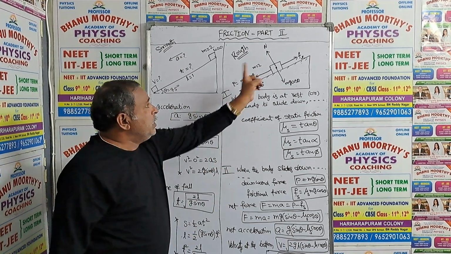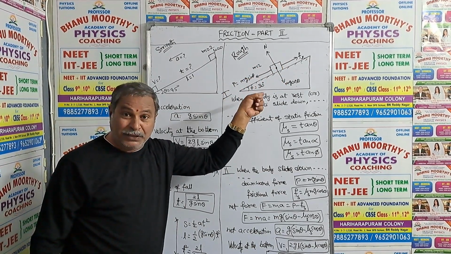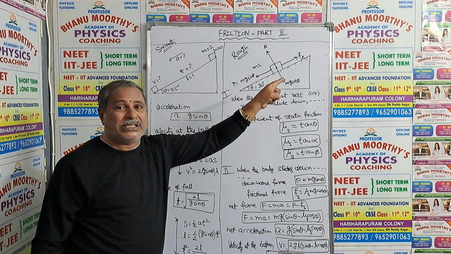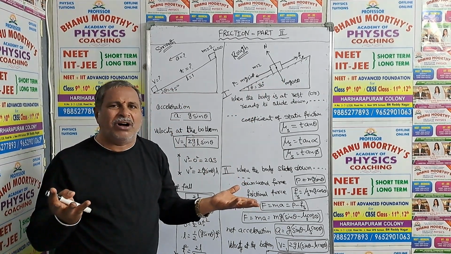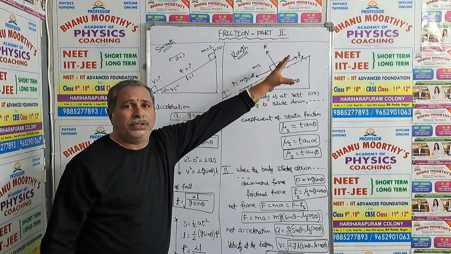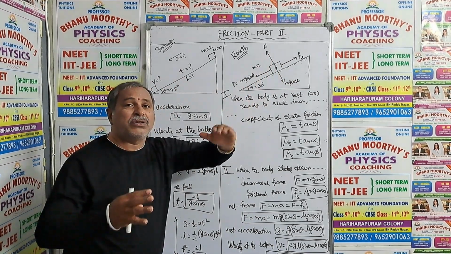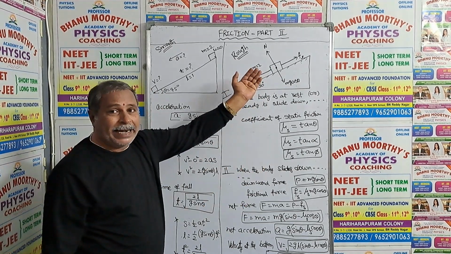There is a frictional force opposing the motion of the block because it is a rough surface, so friction exists. In the previous case the surface was smooth, so there was no friction and only the gravity force was present. Here the surface offers some resistance, which is called static friction, since the block is at rest.